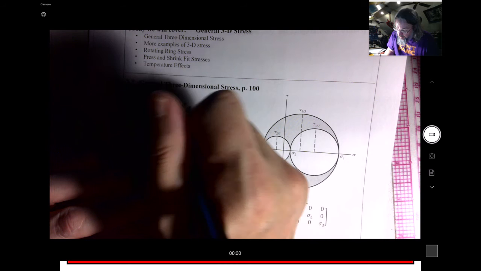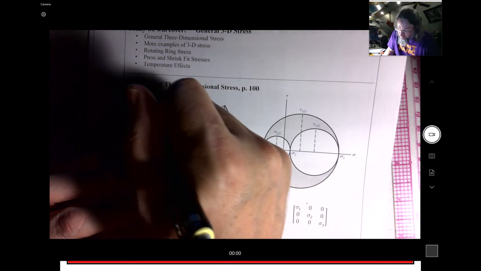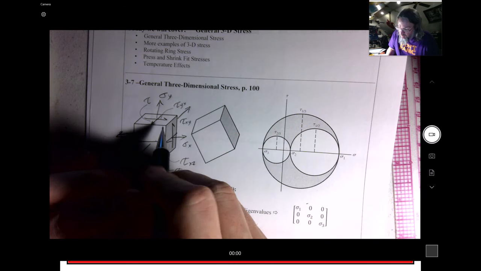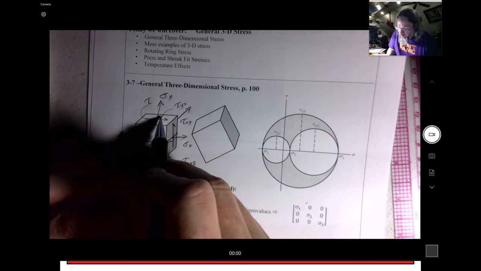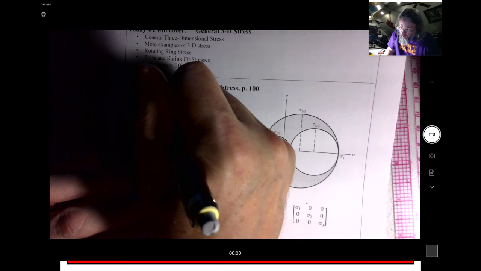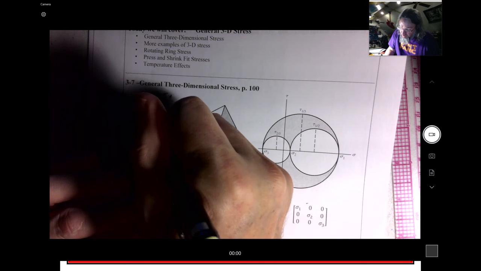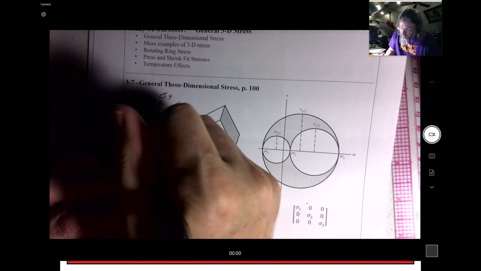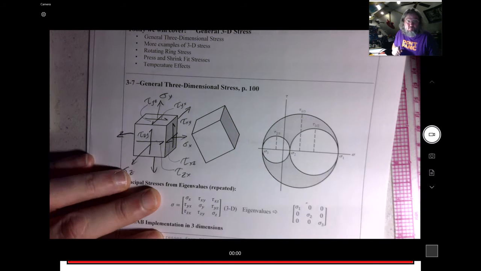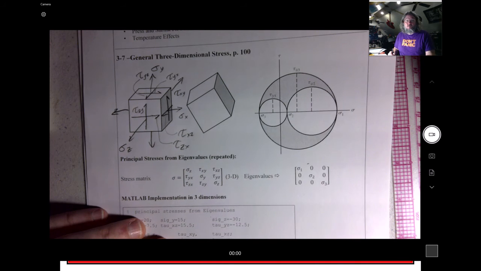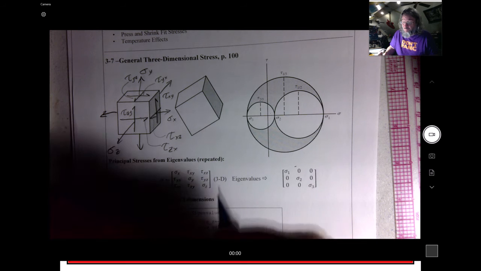And then here would be my tau, that would be the y face and the z direction, so it would be yz, and then this would be my tau zy, right? There are all of your stresses that are possible onto the thing.